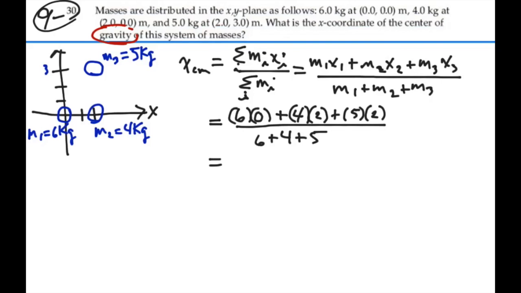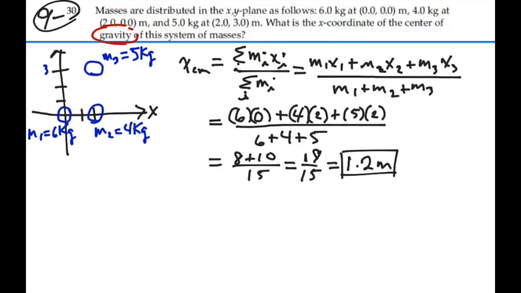So this is equal to 0 plus 8 plus 10 over 15. So that is 18 fifteenths, and that is going to be 1.2 meters. So that is the location of the x center of mass, or center of gravity, 1.2 meters.